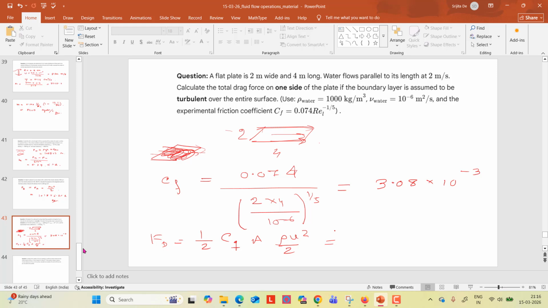Okay, so if you put the values, you will get it, and it is coming as 49.28 Newton. Okay, this is the answer.